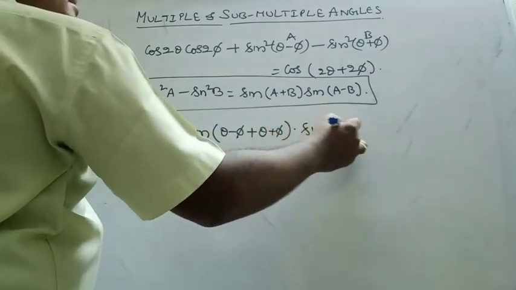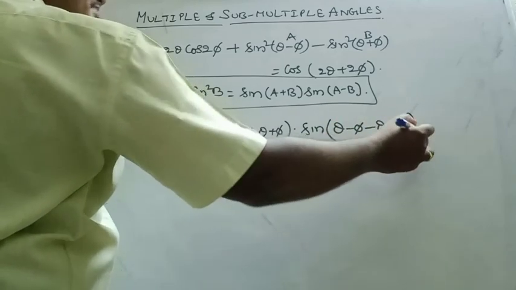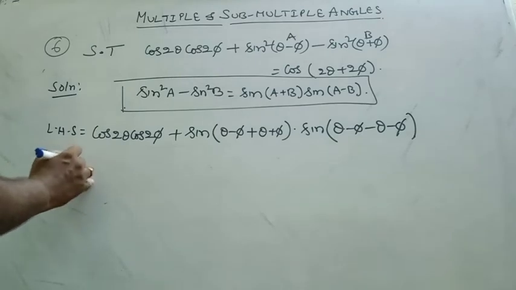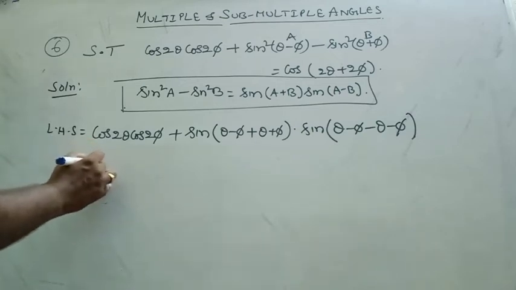Here A is theta minus pi, and B is theta plus pi, so A plus B and A minus B are taken like this, my dear students.